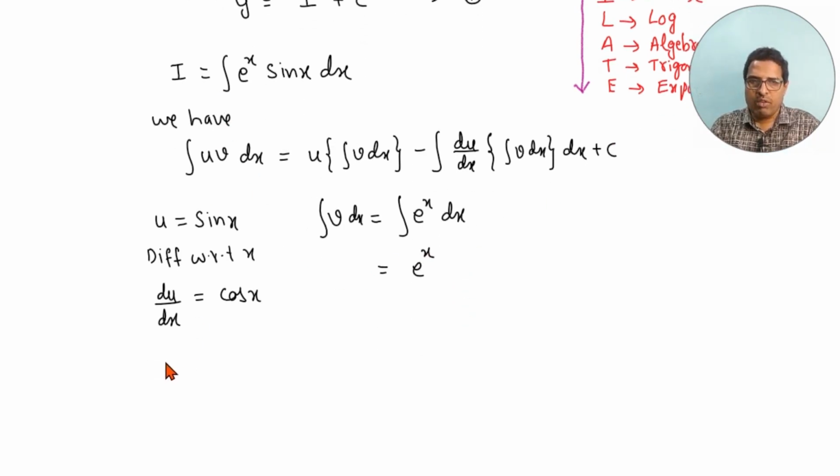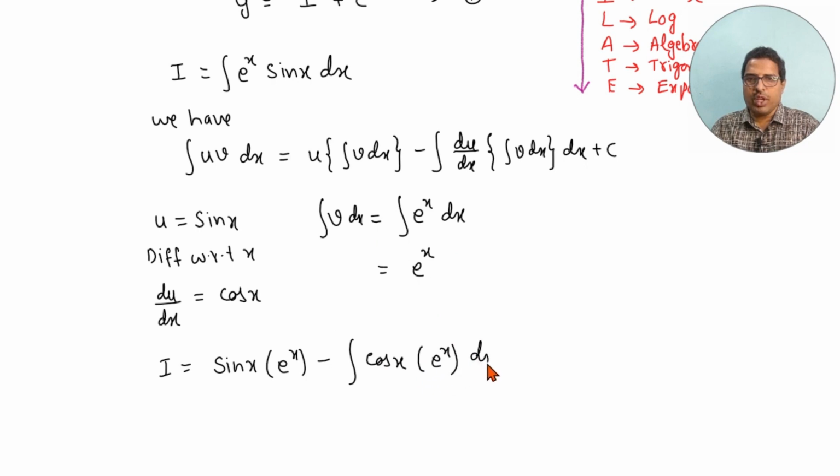Now we have the integral I. Using integration by parts, u is sin x, integration of v is e^x, minus integral of du/dx, which is cos x, times integration of v, which is e^x, dx, plus the constant c.